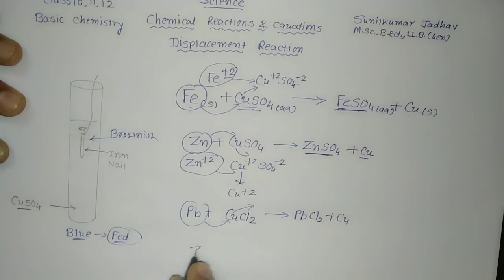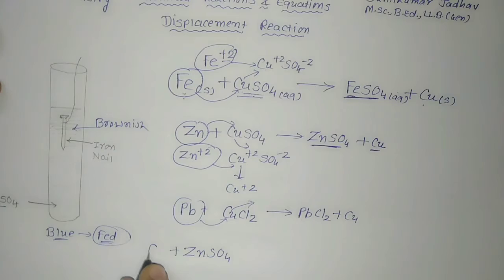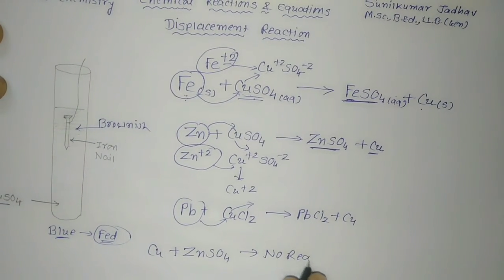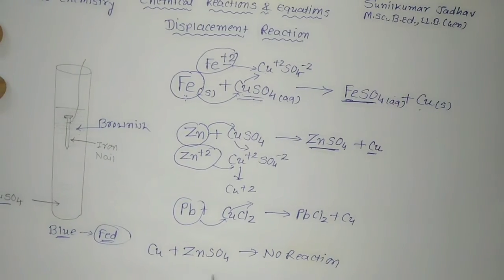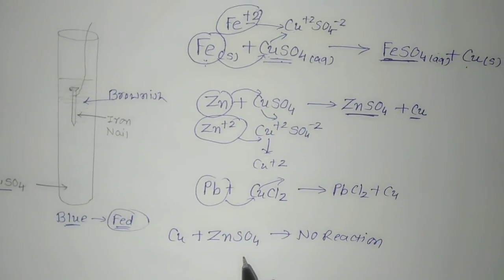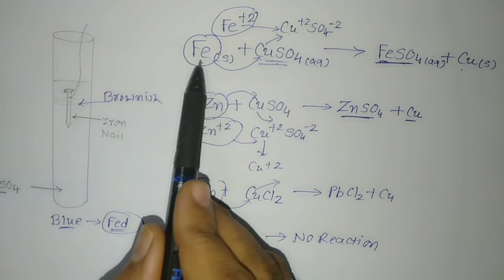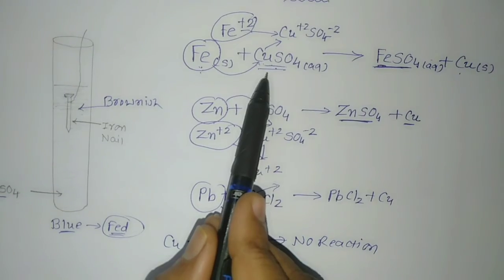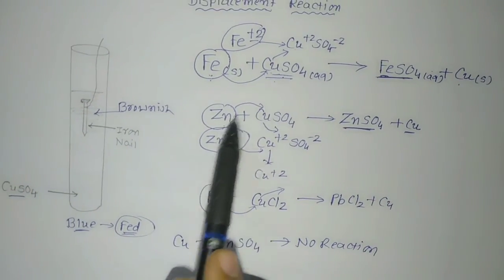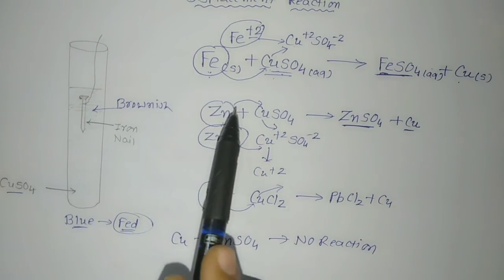Like if I take ZnSO4 and add copper to it, there will be no reaction. It means in this displacement reaction, always remember that a more reactive metal like zinc or Fe can displace copper, but copper is less reactive than Fe or Zn, so it would not displace that highly reactive metal.